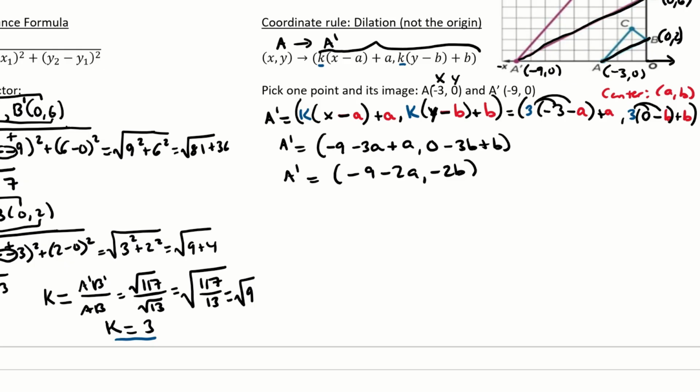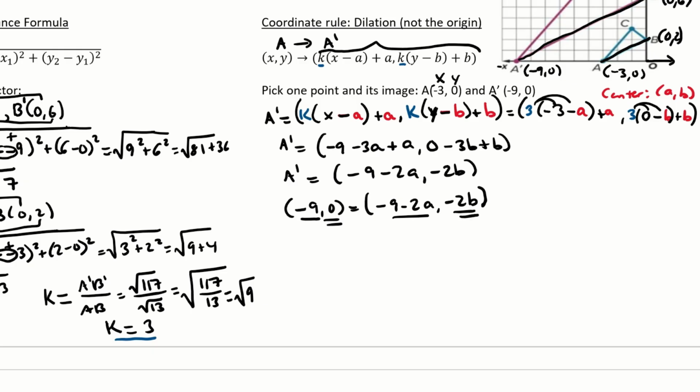Now, we know what A prime is. A prime is negative 9, 0, right? So we're going to plug that in to here. So we get negative 9, 0 equals negative 9 minus 2a, negative 2b. Okay? Now, notice that this is going to be equal to this, and this has to be equal to that, right?